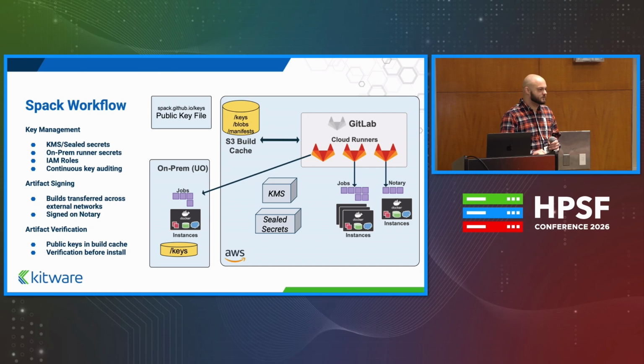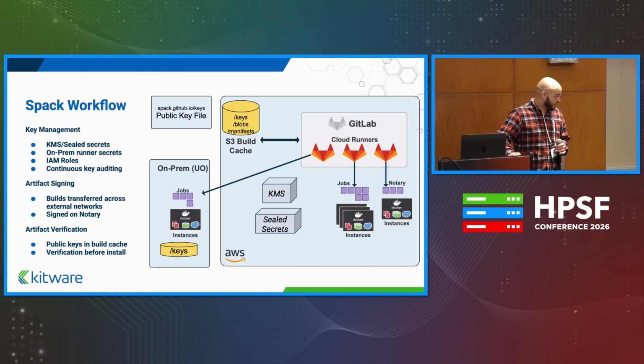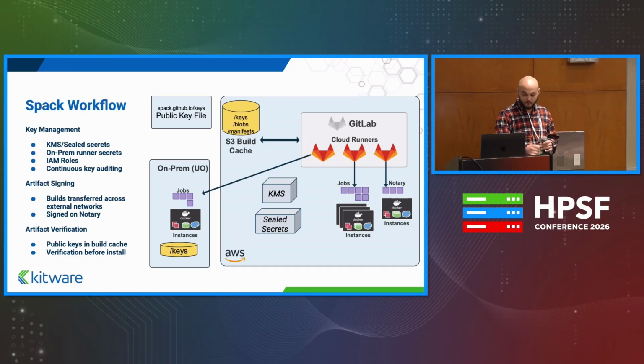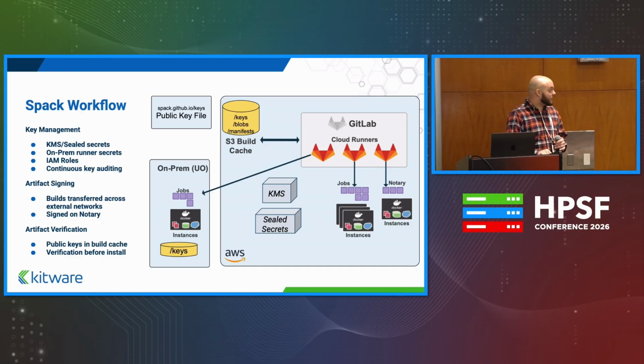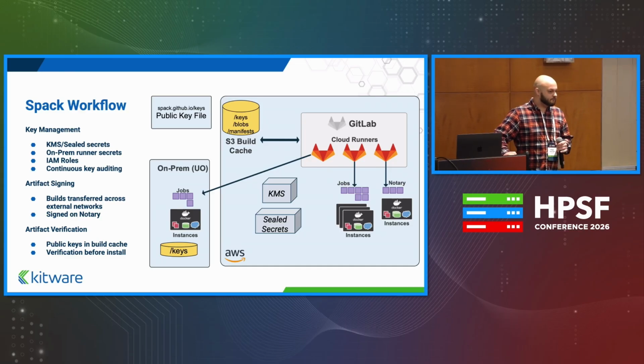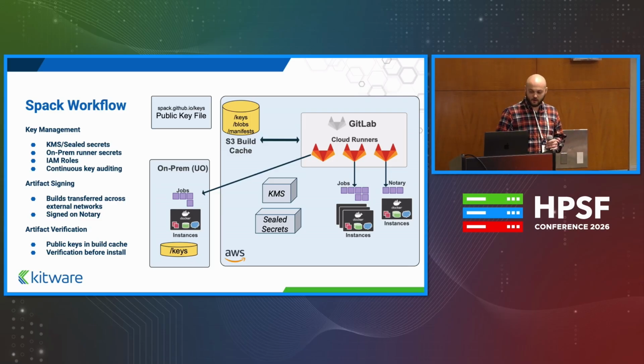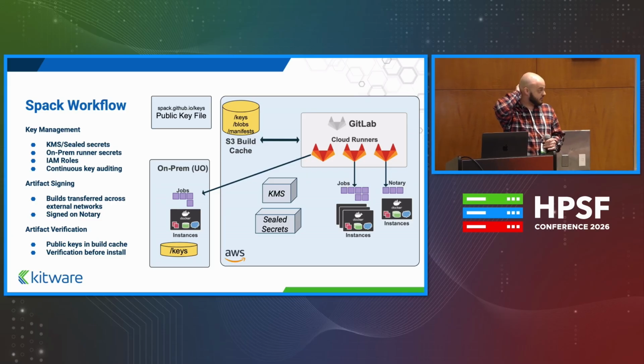So let's make this more complicated. What if we have multiple sites? What if we have hundreds of thousands of things we need to sign every week? This becomes a little bit more of a problem. So in Spack, we have inside AWS a key management server that hosts the private keys.